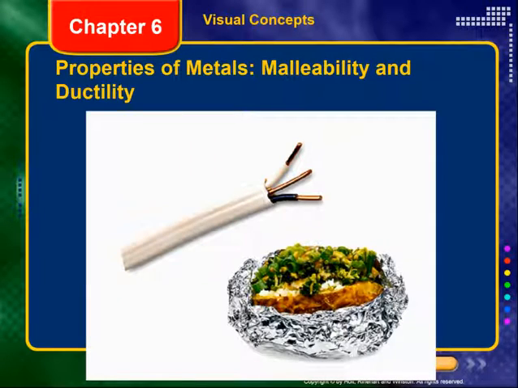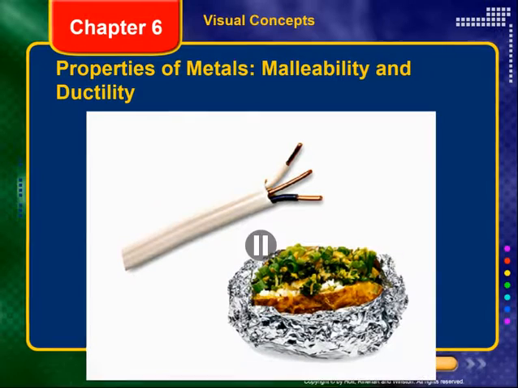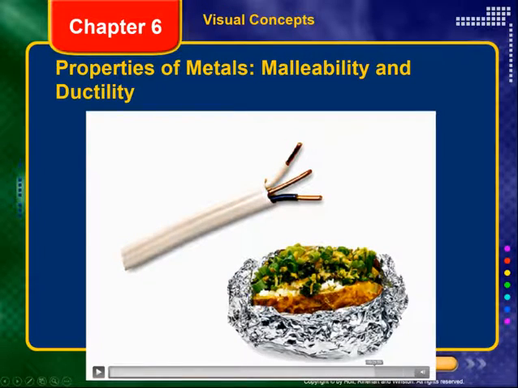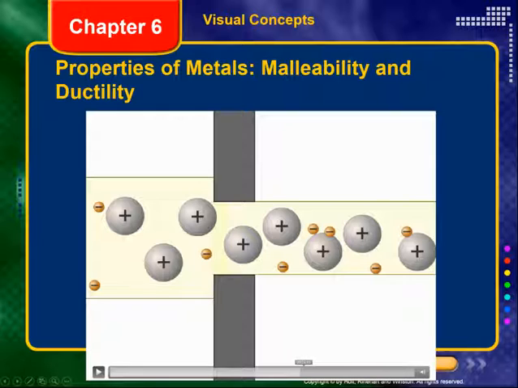This ability of metals to be shaped by hammering or drawing is the basis for much of the technology that we use in our daily lives. So if I pause and go back to this image of metals being shaped. Oh, didn't go back far enough. Right there.